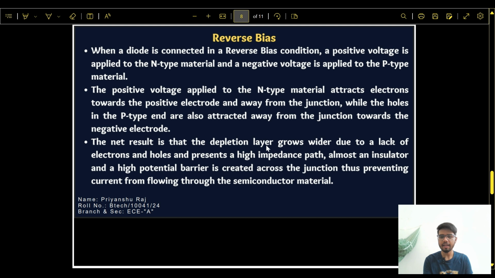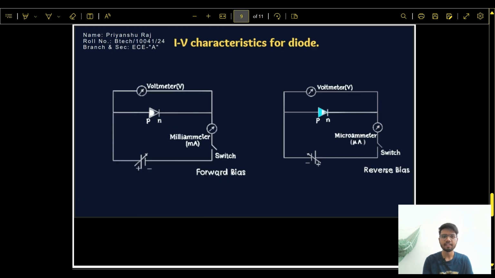The net result is that the depletion layer grows wider due to a lack of electrons and holes and presents a high impedance path, almost an insulator, and a high potential barrier is created across the junction, thus preventing current from flowing through the semiconductor material. Moving to the next slide.